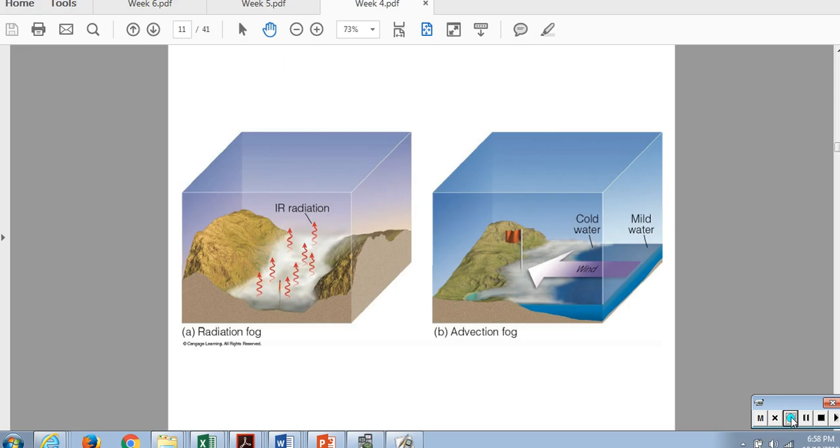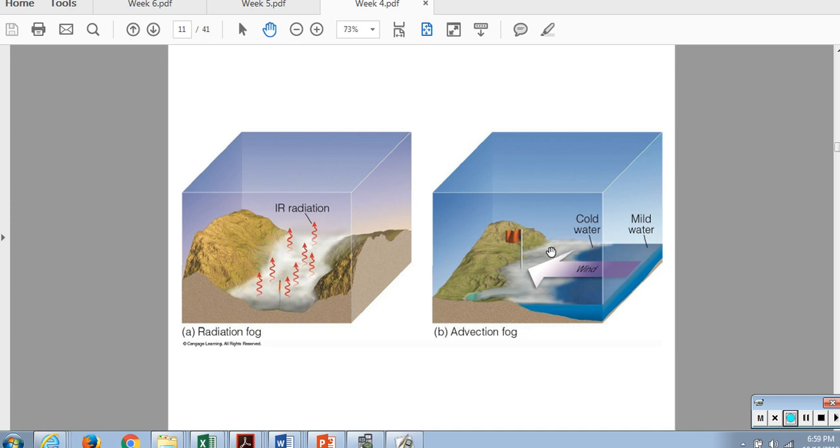So in cooling, you have your radiation fog. That's just the earth releasing that infrared and the surface just cooling down. And just through natural cooling, the air temperature reaches its dew point and you form fog. And advection fog is when you have a cold surface, like over here, and warm, moist air sitting over top of this warm water, and an onshore wind drives that warm, moist air over that colder surface.